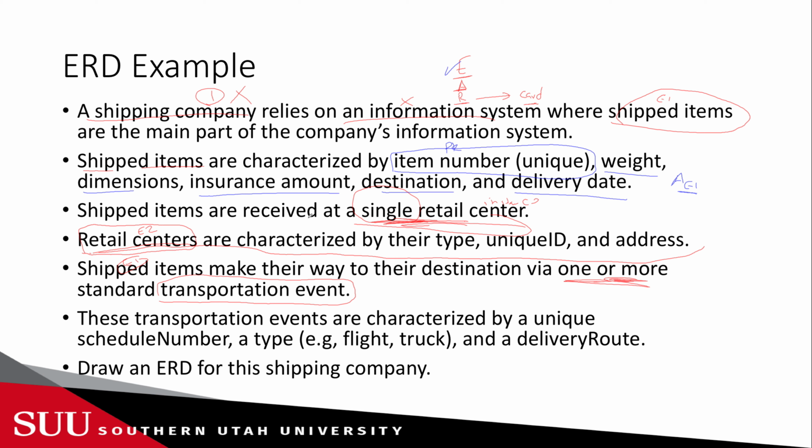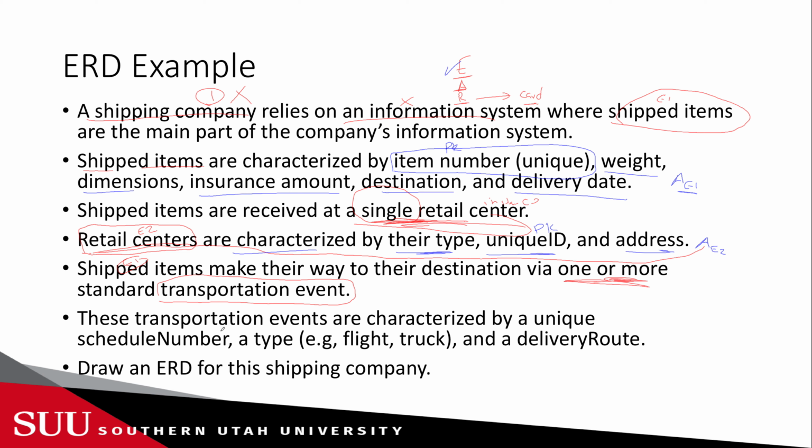Shipped items are received at a single retail center. This doesn't tell me any attribute. Retail centers are characterized by their type, unique ID, and address. So this is my primary key, which is the unique ID, and these are the attributes of my second entity. Shipped items make their way to their destination using this.